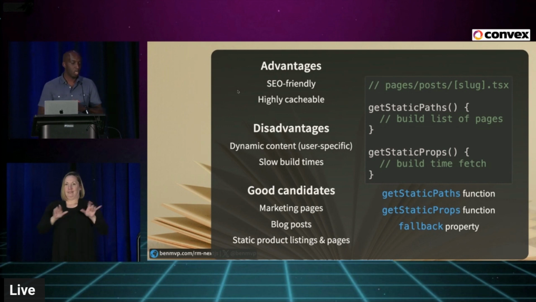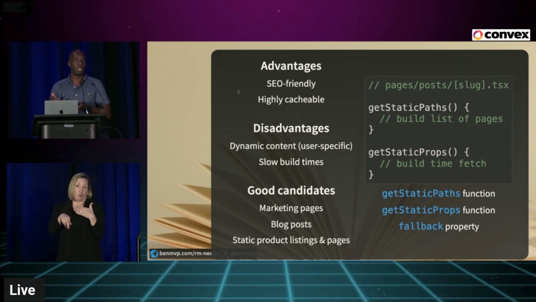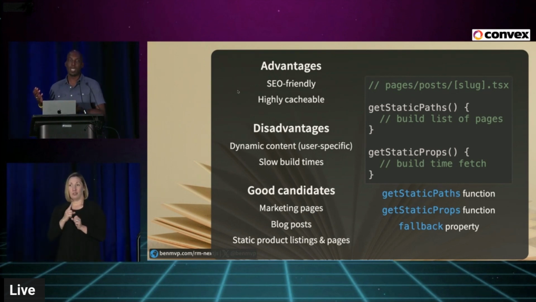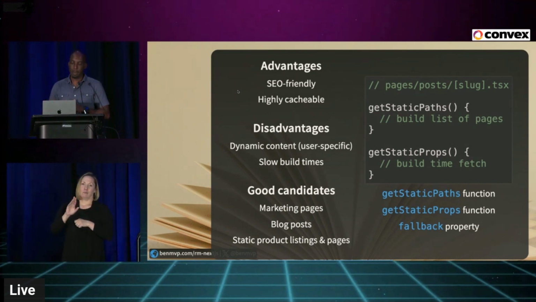And depending on how many pages you have to generate, it could result in slow build times. So say it takes half a second, a quarter of a second to generate a page, but you have 1,000 of them, 1,000 blog posts because you're really prolific, or 1,000 product pages, for instance, it's going to take some time every time you're building the app there.